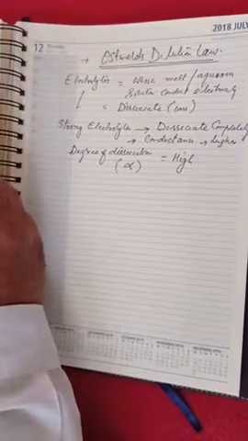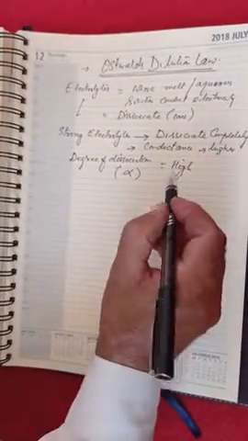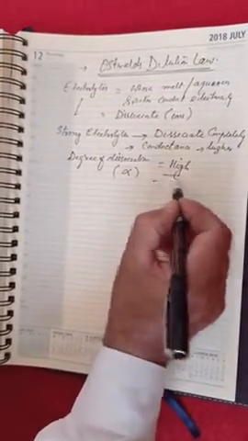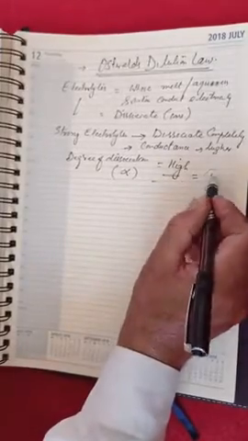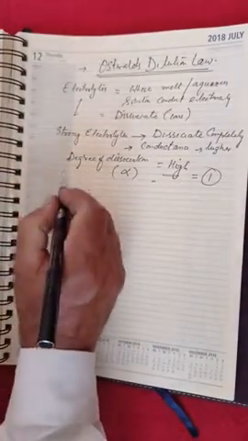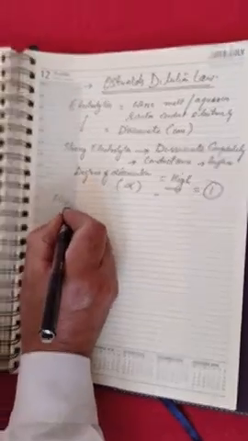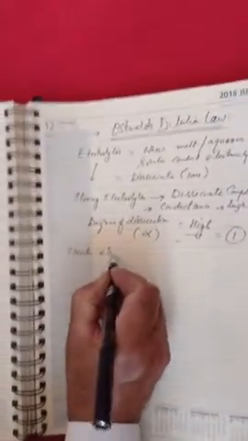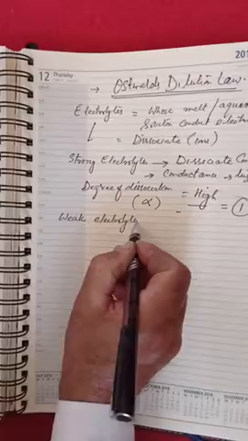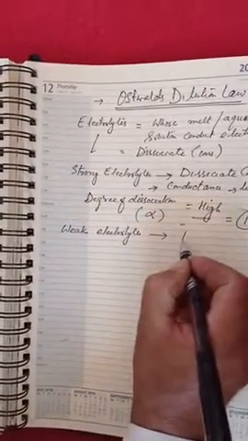In strong electrolytes, the degree of dissociation is equal to 1. And weak electrolytes are those electrolytes which dissociate partially.